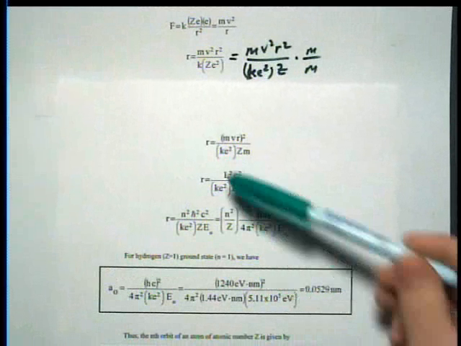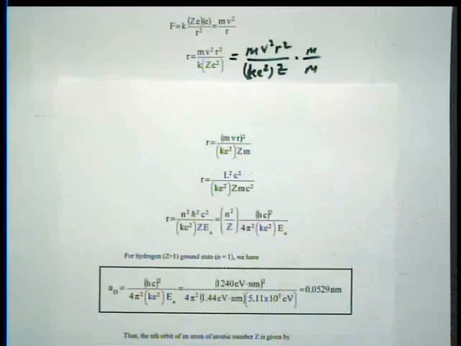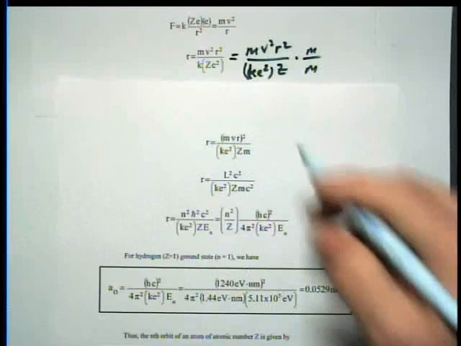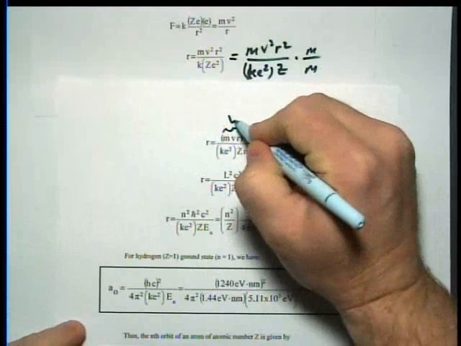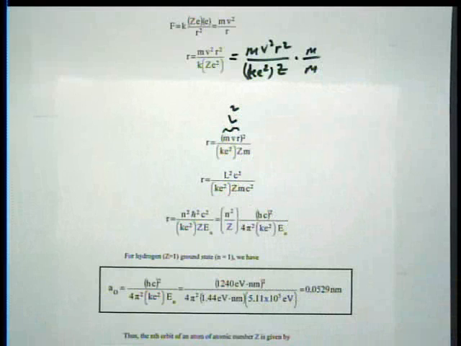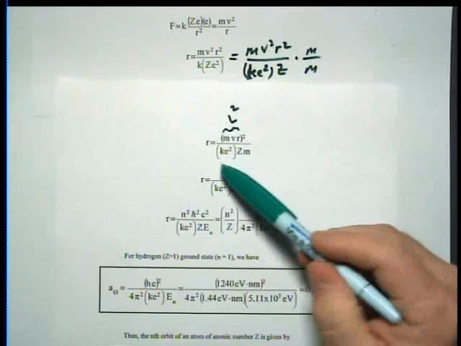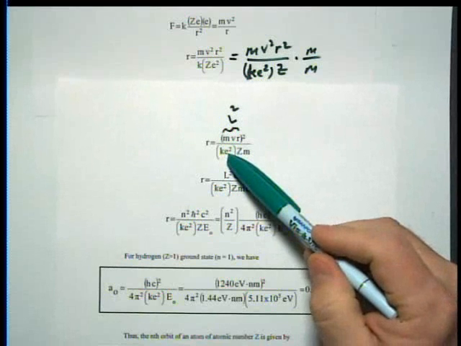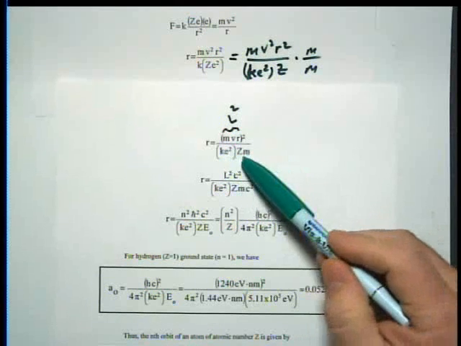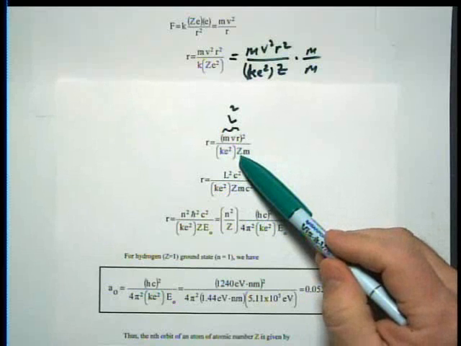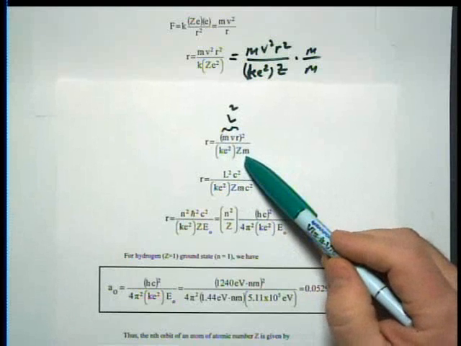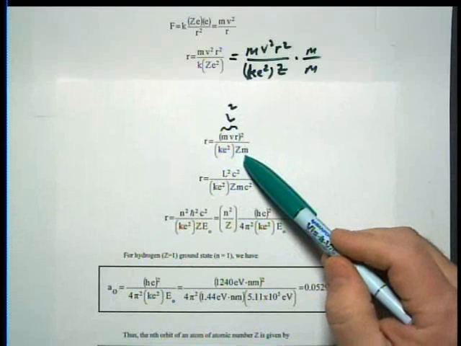And he gets r is mvr, all of that squared. Well, that's L. And then you're squaring it. And I have a formula for L as one of my assumptions, my postulates. I have ke squared, which is 1.44 eV nanometers. I have Z, which is atomic number, is known. I have the mass of the electron, which is known.